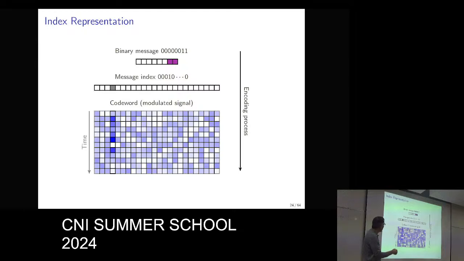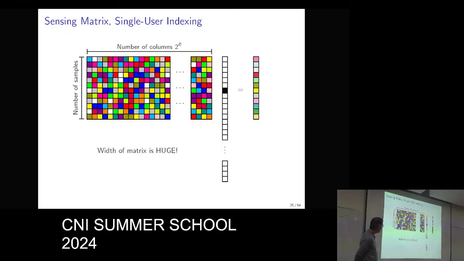Okay, so again, we start from a number of bits. We select the vector. This vector with only a 1 selects the column, and then you send that over time. It's a different rendition. The problem with creating a code book this way and keeping track of the code book is that your matrix is huge.